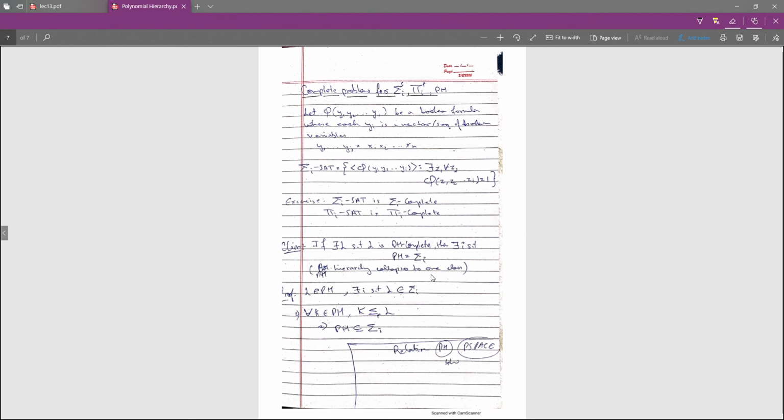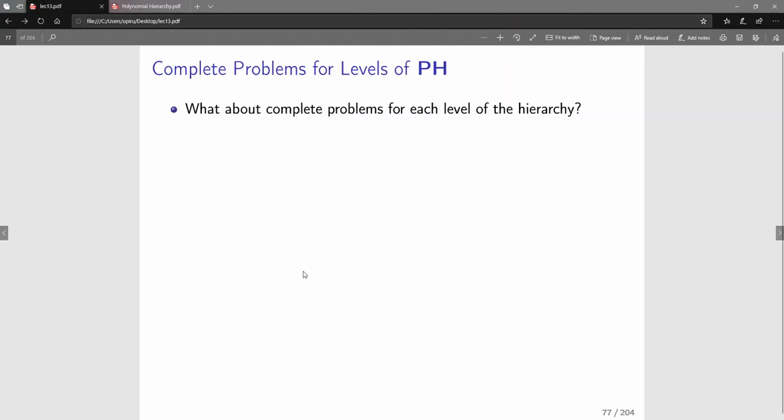Alright, we finally get to complete problems. As we said, we had NP complete problems. So what about the sigma i complete classes? For each level, as it turns out, we have a complete problem.